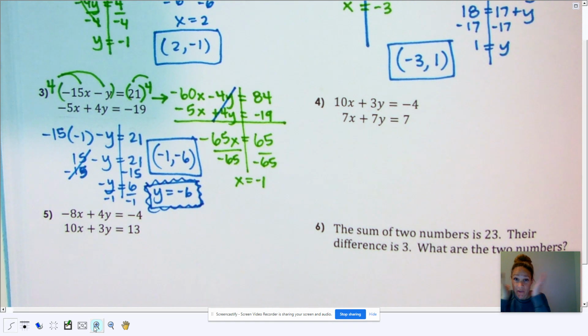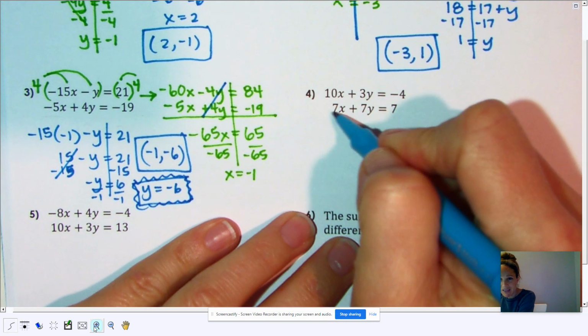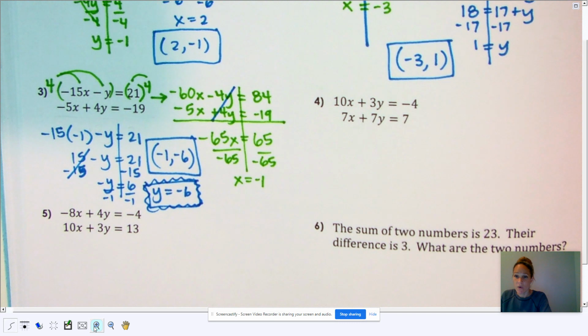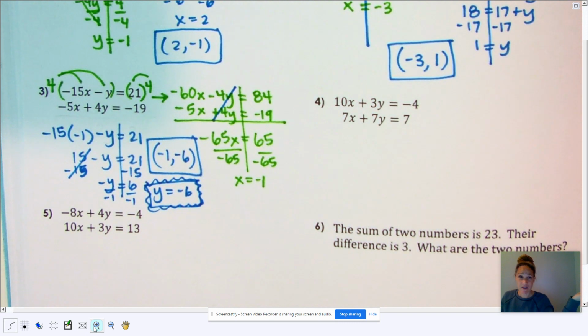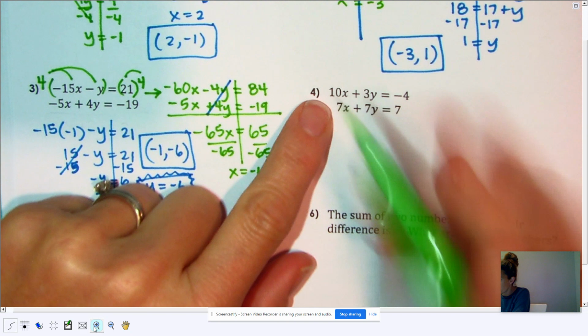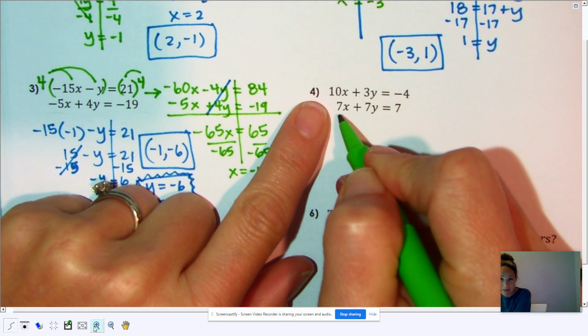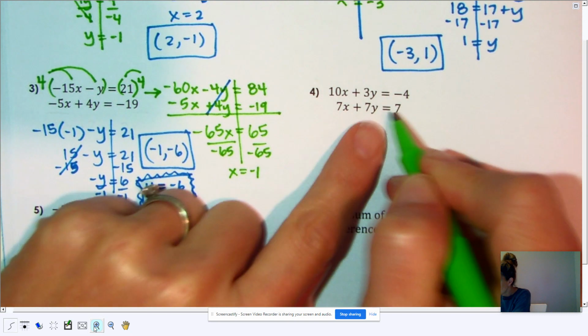Well, now you guys are looking at number 4, and that's like 3 can't go into 7, 7 can't go into 10. And they're all positives. They wouldn't cancel, right? We need one positive, one negative. So what I'm going to have to do on this one is multiply both equations. I can either do this one times 7 and this one by 10, but I want to keep the numbers a little bit smaller.